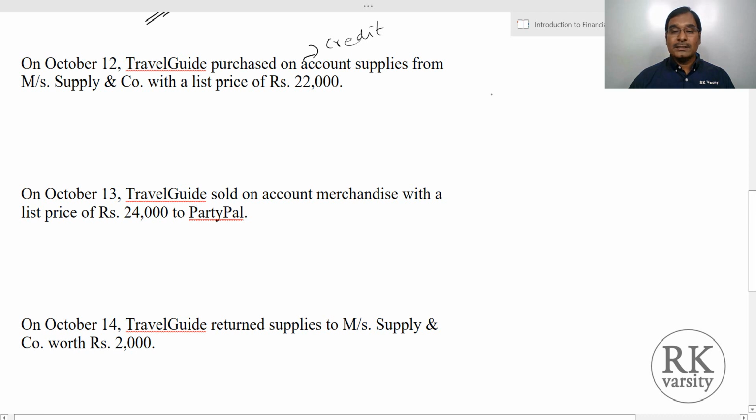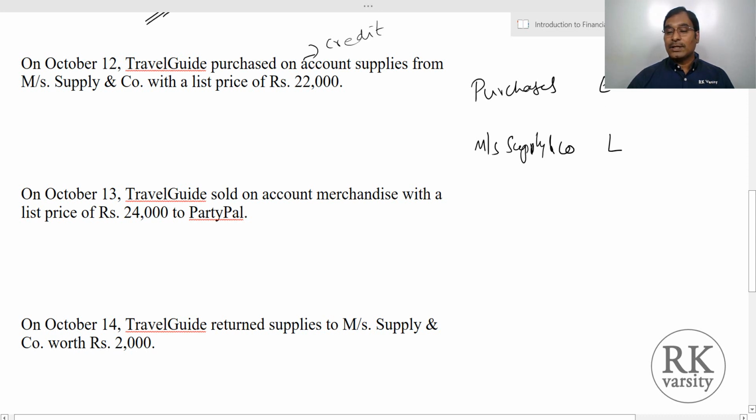One is you purchased the supplies, so let us say purchases. Then you purchased this on credit from Messrs. Supply and Co. So Supply and Co. is a liability because you have not paid this amount, you have to pay them. So this is a liability, and purchase is an expenditure.